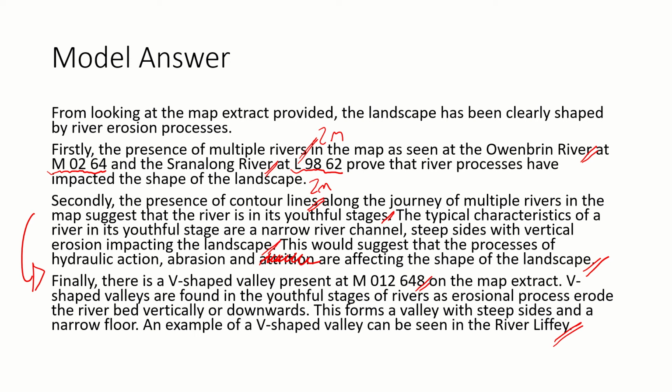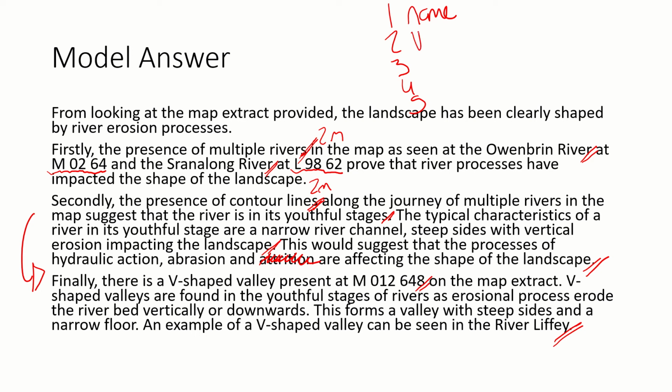So you can see there I've basically used a marking scheme, thinking about the most common marks that are awarded: name, valid point, valid explanation, example, reference to the OS map. There are 5 points. Let me go through that again. You have to name a reason. Our reason why we think river erosion was taking place here was multiple rivers in the region, and contour lines indicating the youthful stage of a river.